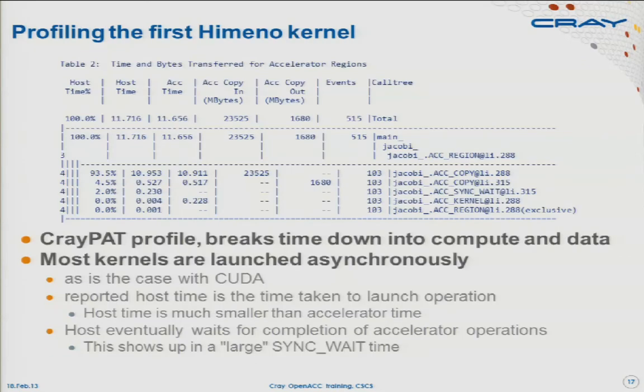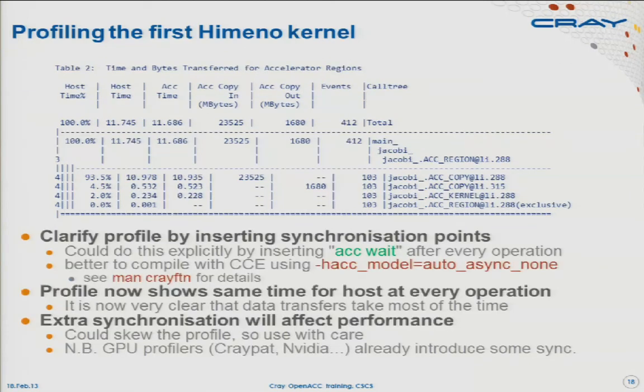If you want, you can use the Cray tool to break down and actually profile the code. If you've used a profiling tool on the CPU, Cray has a profiling tool that works with both CPU and GPU called CrayPat. And you can use that to look at what's being spent.